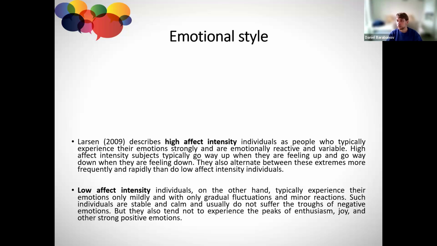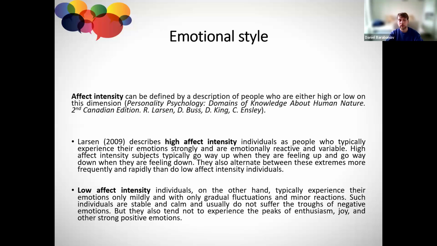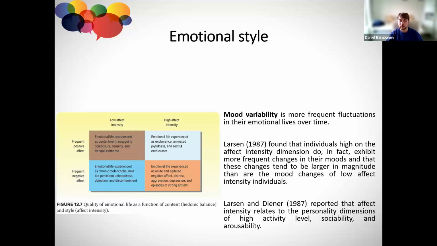It's just a natural difference between people, and obviously people with high affect intensity have a harder time regulating their emotions because from the beginning they experience emotion as something much stronger. So affect intensity is basically how people score on this dimension.